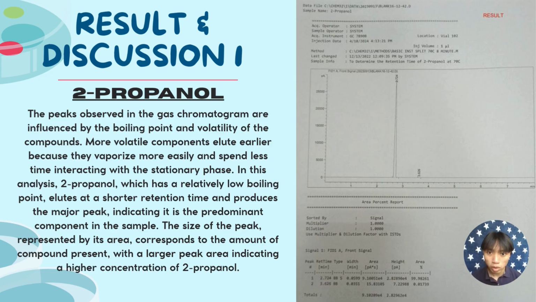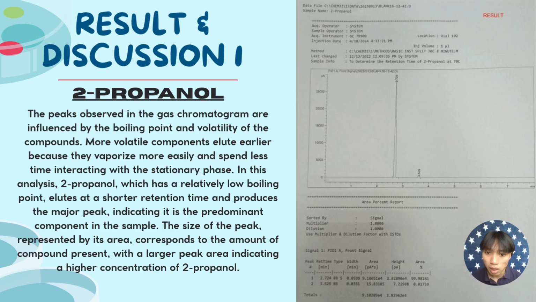Now I'm going to tell you about the result and discussion for part 1. The result that I got is 2-propanol. The peaks observed in the gas chromatogram are influenced by the boiling point and volatility of the compounds. More volatile components elute earlier because they are vaporized more easily and spend less time interacting with the stationary phase.